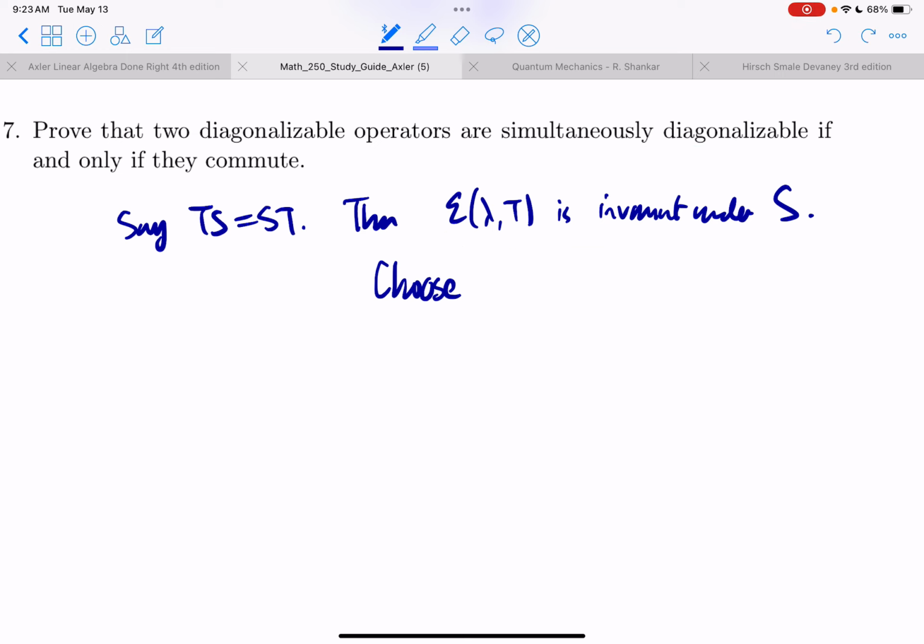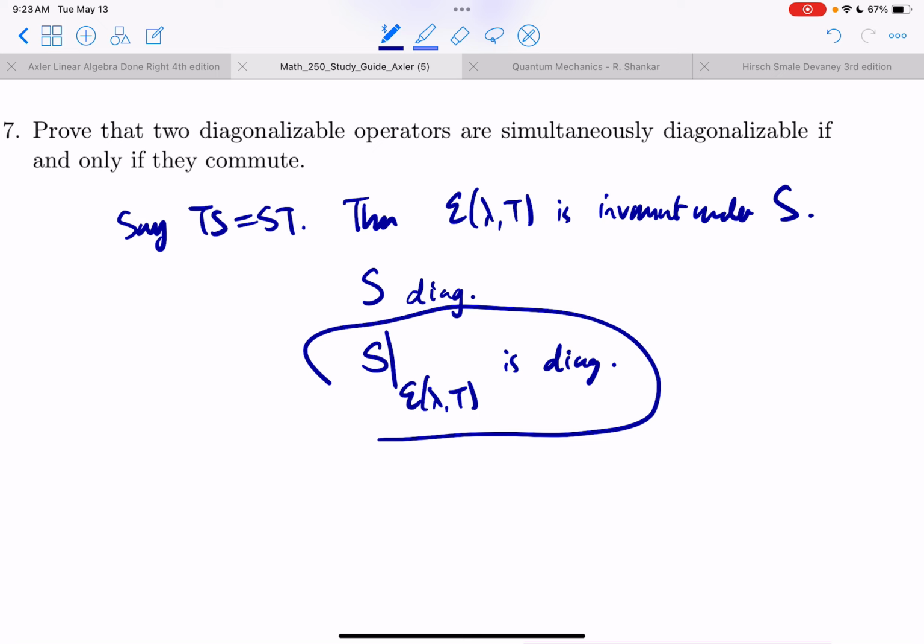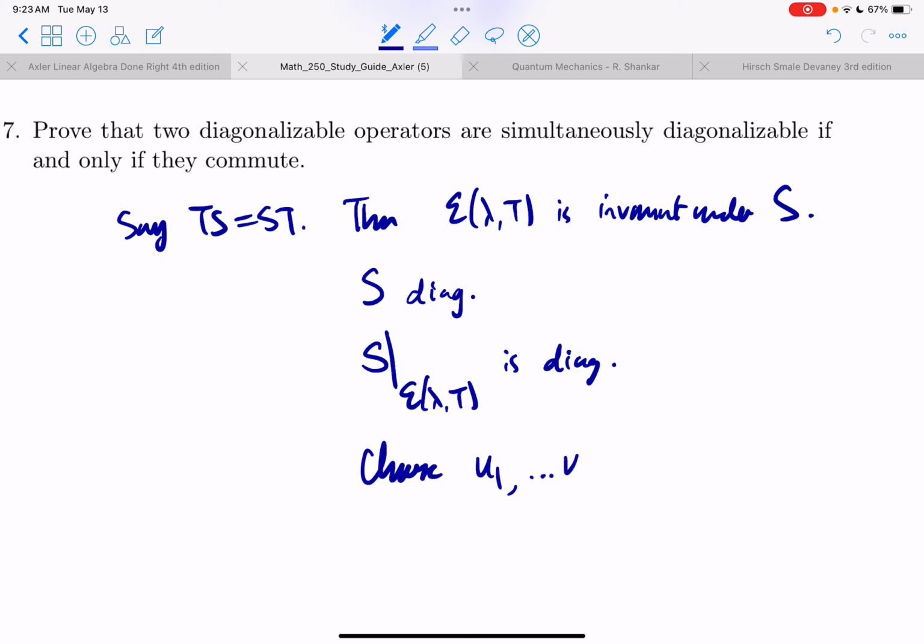So choose a basis. S is diagonalizable, but that means S restricted to any subspace is diagonalizable. Okay, so that means that there's a basis of eigenvectors here. So choose U1 through UL, a basis of eigenvectors of S, and they're a basis of what?